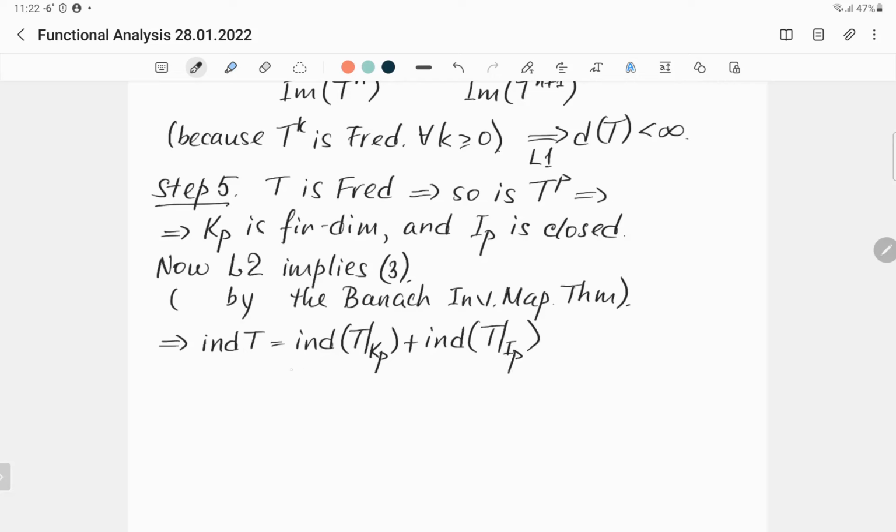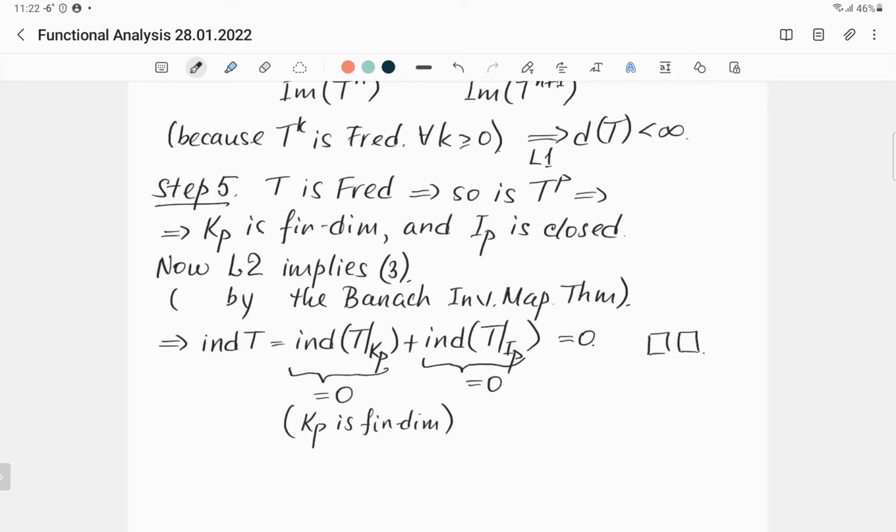But the first is 0, because the space is finite dimensional, and the second is 0, because T restricted to Ip is an isomorphism of Ip onto itself. And so we conclude that the index of T is 0. This completes the proof of our theorem. This is the end of step 5, and the end of the proof of the theorem.